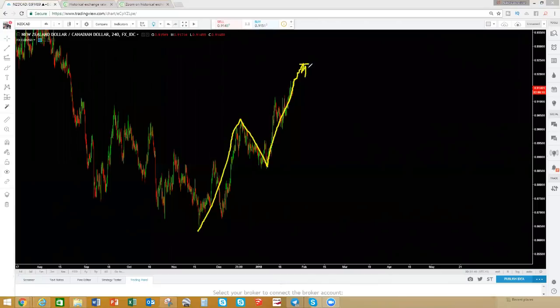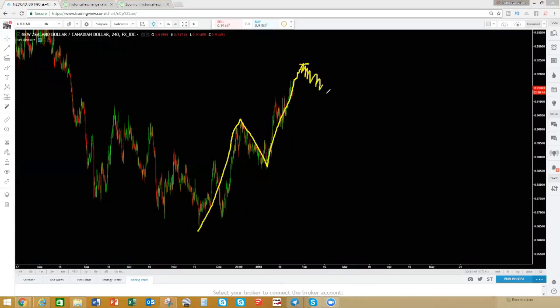So when you get a correction that is deep, it is your opportunity to hop onto this trade for a further move up, possibly a big move like this one. You can see here from 86 all the way to 91, it's over 500 pips that has already moved. So you may get another move similar to this one right to the top.